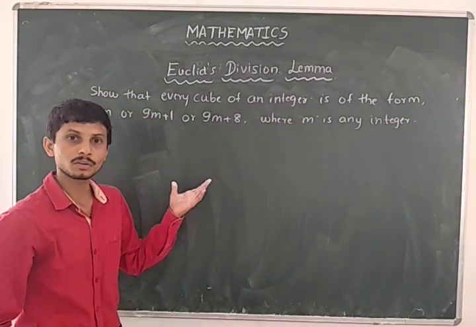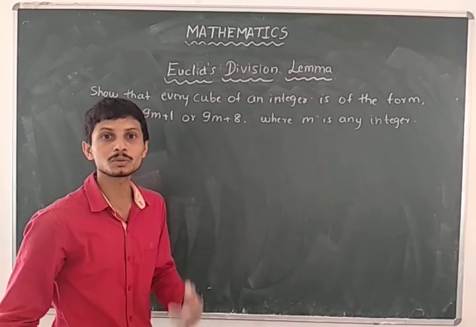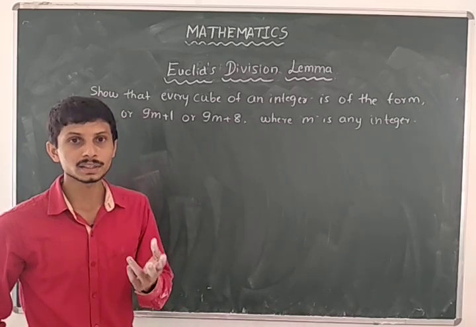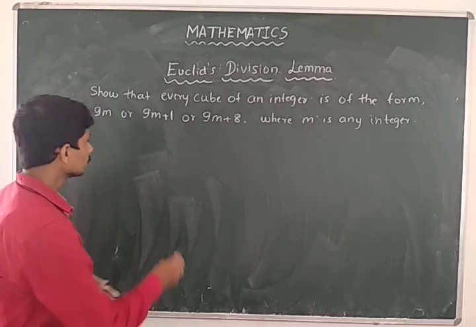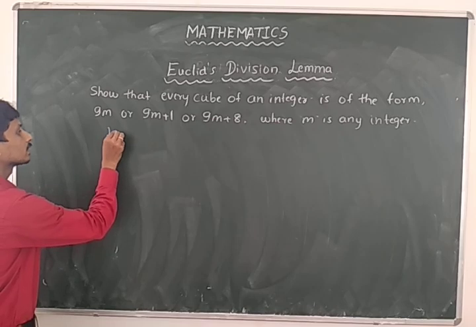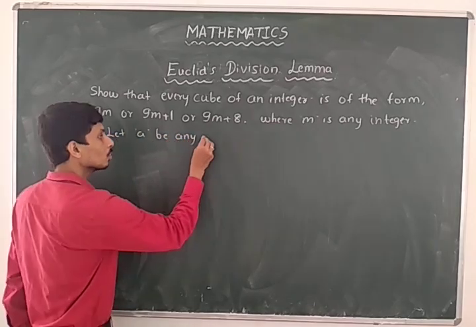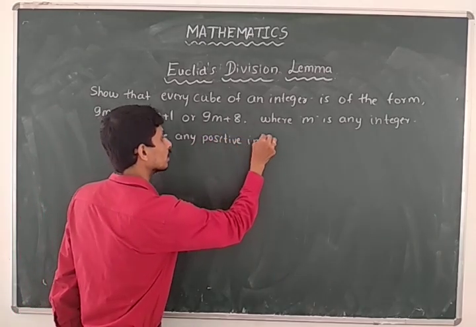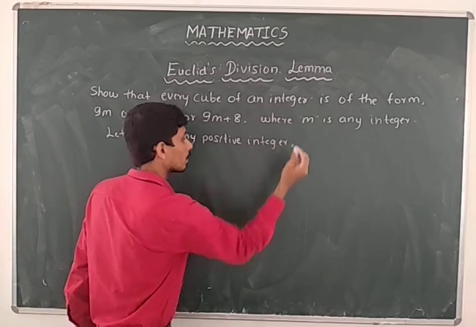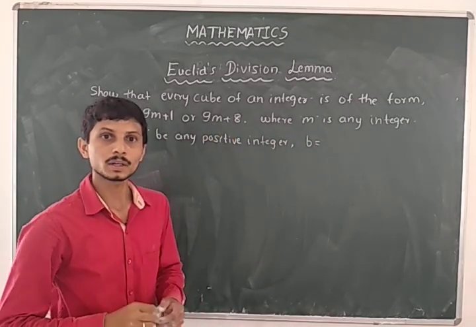Okay, so we have to check by using Euclid's division lemma. For this we have to take two numbers a and b from the number set. So let a be any positive integer, and b is equal to what we take.